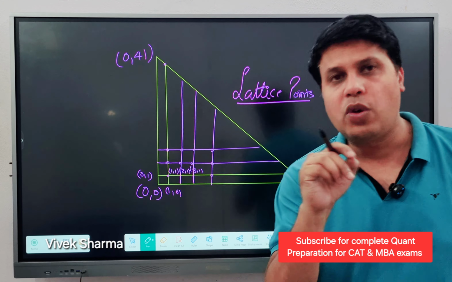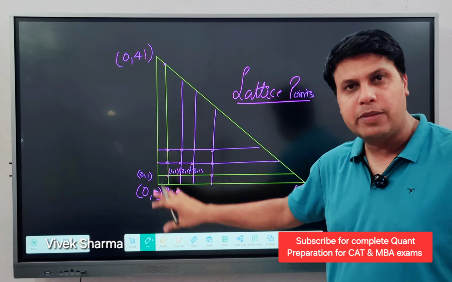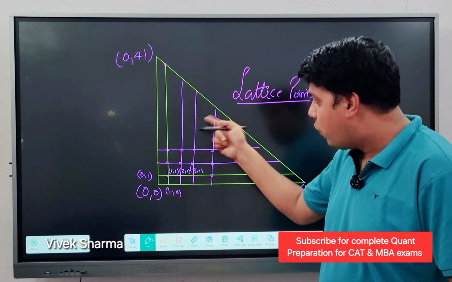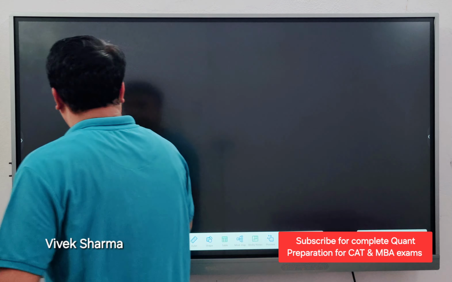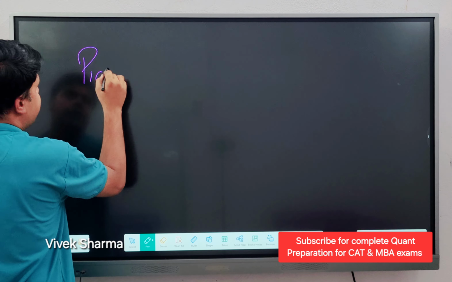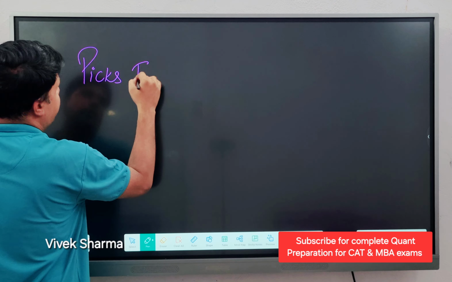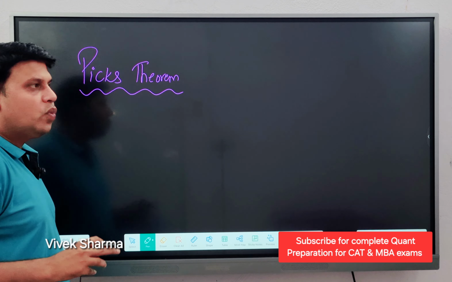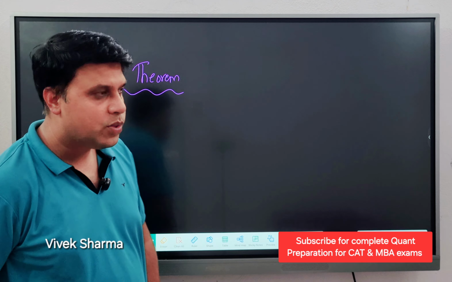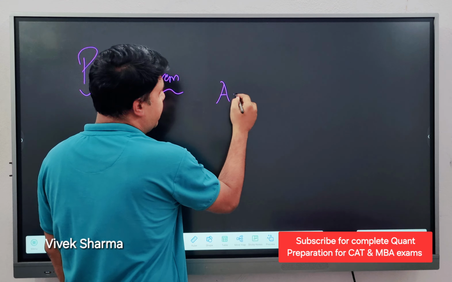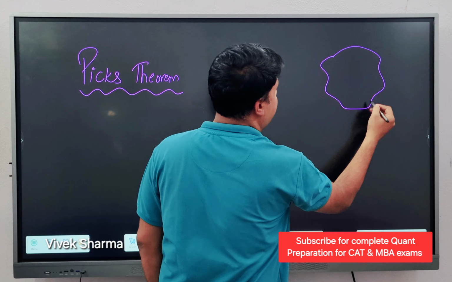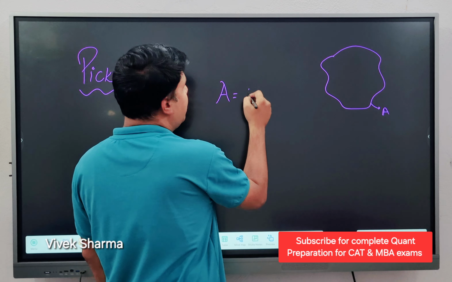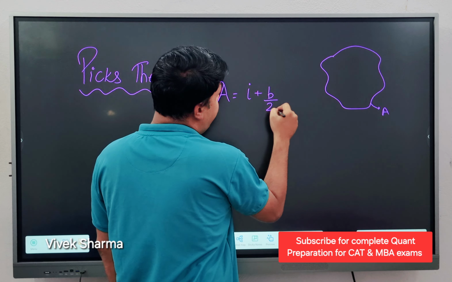For solving such a question, you can use other mathematics. I'm going to give you another very important theorem for such questions, known as Pick's theorem. So what does it say? It says that the area of a bounded figure should equal I plus B by 2 minus 1.